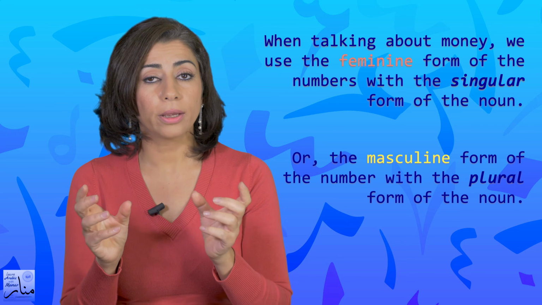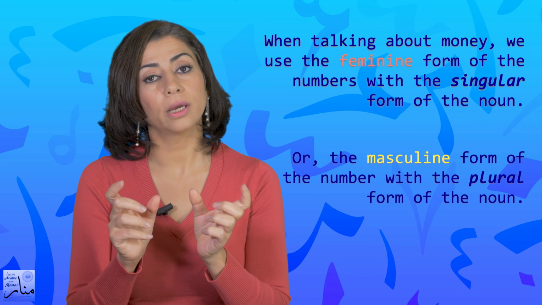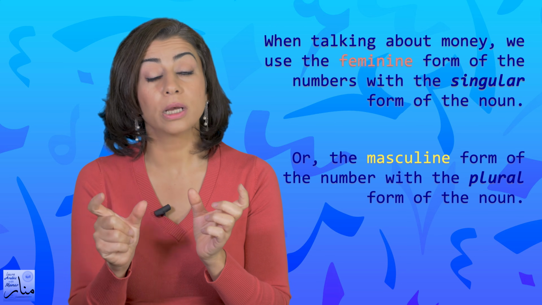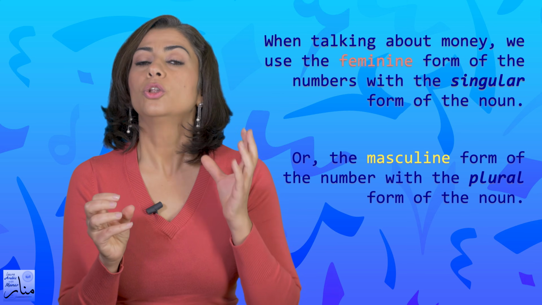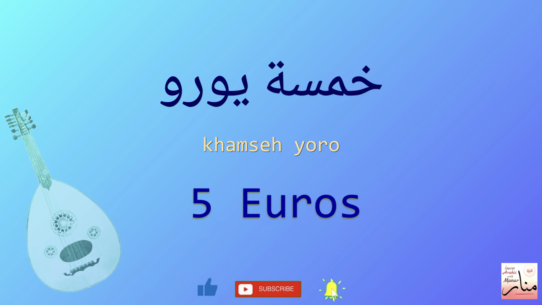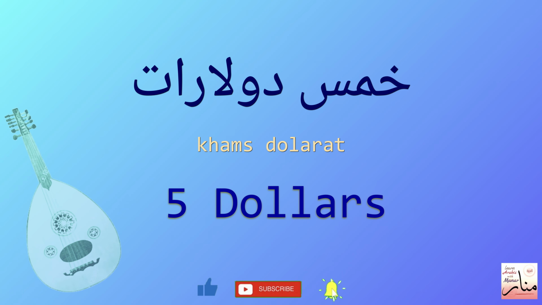Or I could use the plural form of the noun. In this case, I have to use the masculine form of the number. So it will be like this: 5 euro, 5 eurohat, 5 dollar, 5 دولارات.